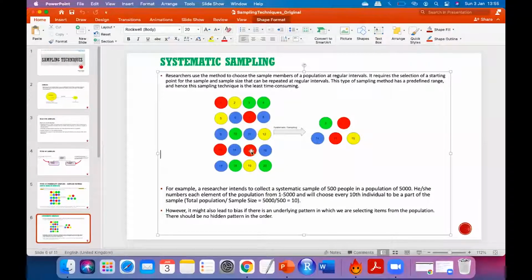Put it in a way that all the 4th balls were green. So my whole sample would look like green balls, right? Then there would be no variety. My sampling would be bad, right? So there should not be any underlying pattern. Then only you can do systematic sampling like this. Understood?